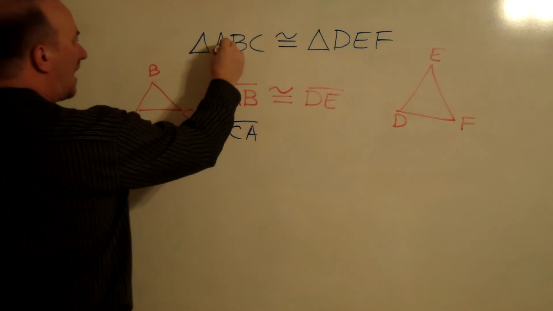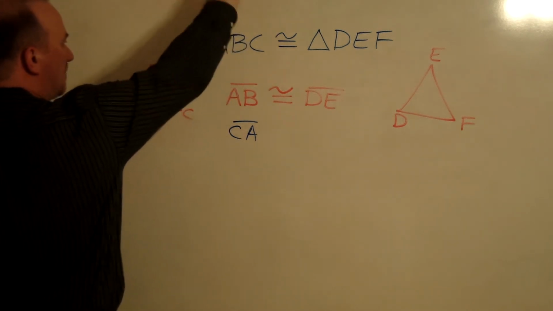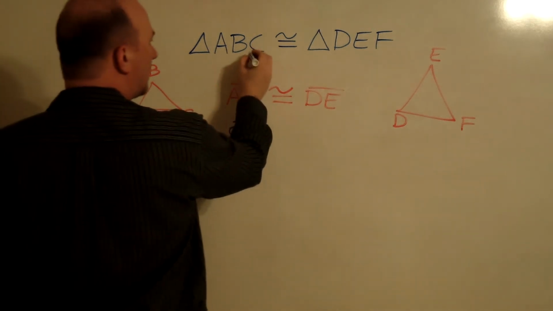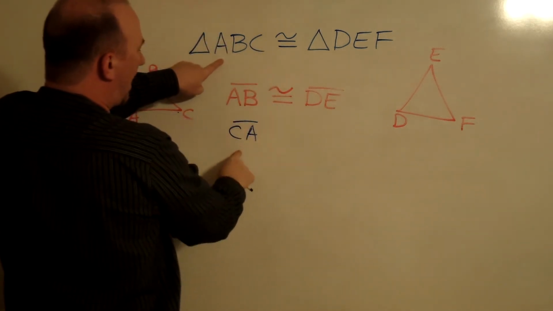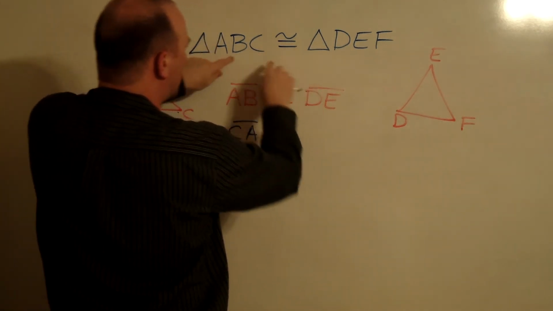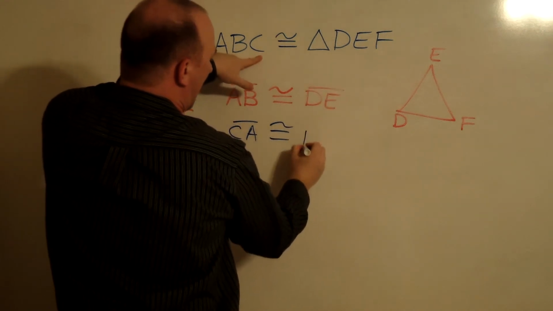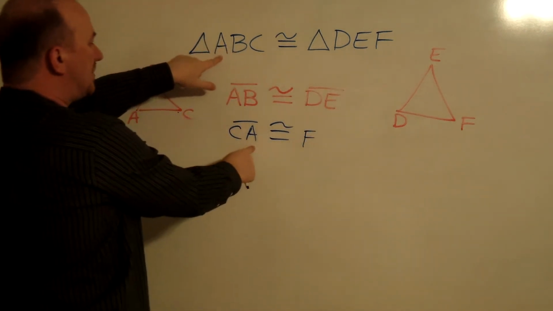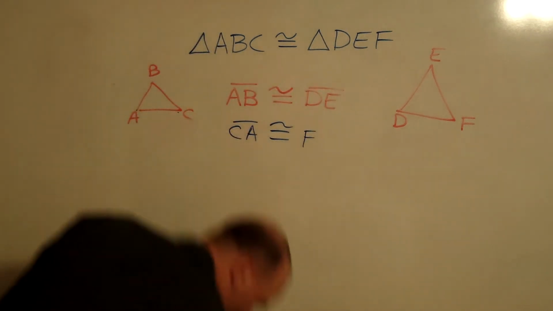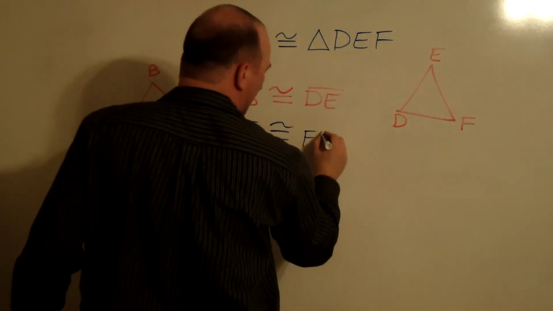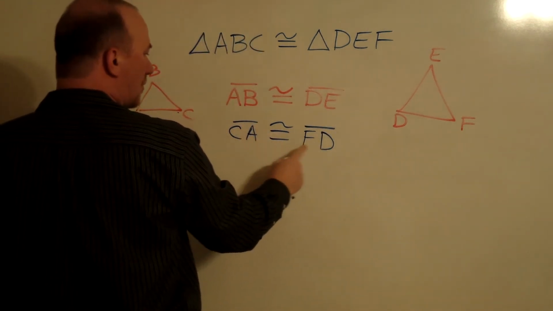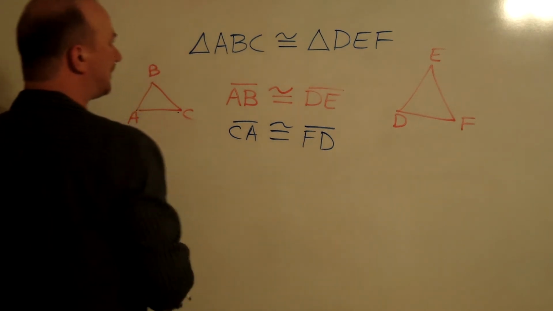Well, remember how this was saying ABC, A to B to C. CA, line segment CA, has to be congruent to, the C is at the end, so we take F, and the A was in the beginning. We went C and then A, so it'll be F and then D. So line segment CA is congruent to line segment FD.